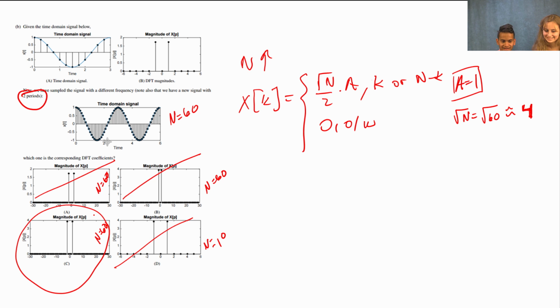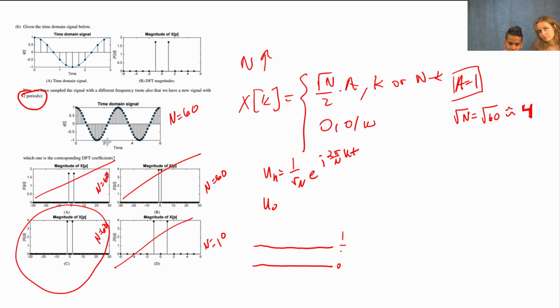So just to draw out what Belize said, when we do these coefficients, let's write out u of k so we can see that. U sub k is 1 over root n e to the j 2 pi over n kt. If we plug in values here, your u of 0 value is what we call the DC component. So basically, this is 0, and you end up with 1 over root n.